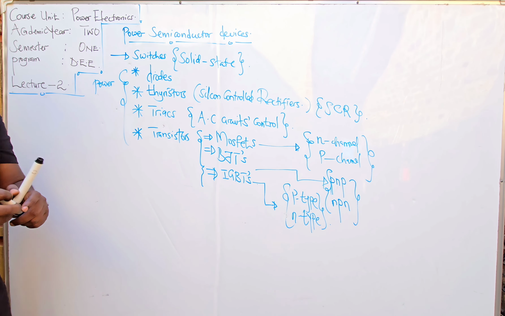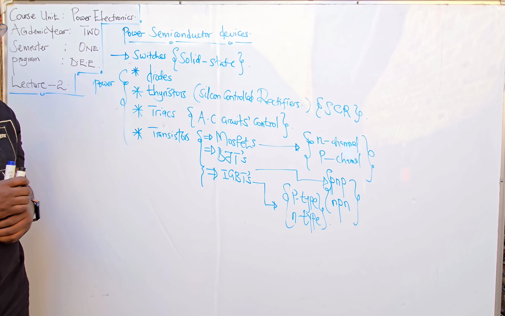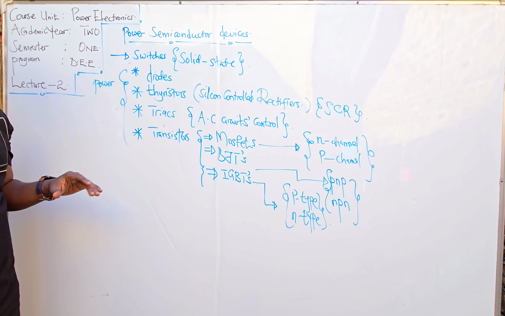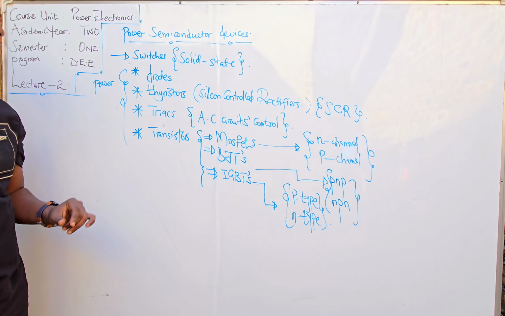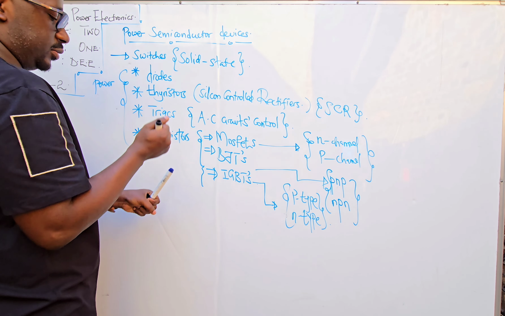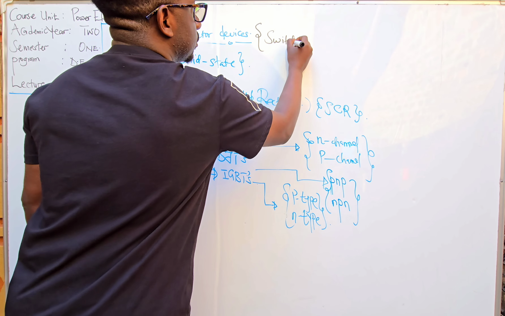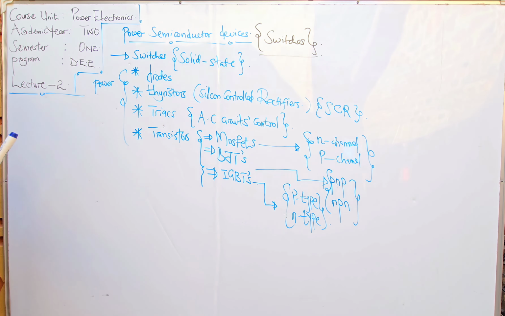So let me go backwards on my own words, kind of falling on my own sword. Let me reveal a little bit why we are so much interested in power semiconductor devices or switches. Why are we so much interested in these solid state switches in the power electronics field of engineering?